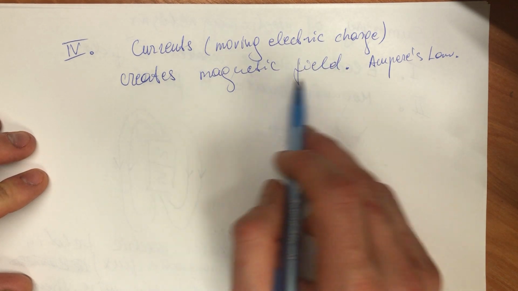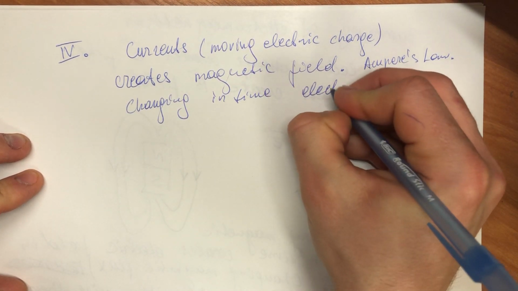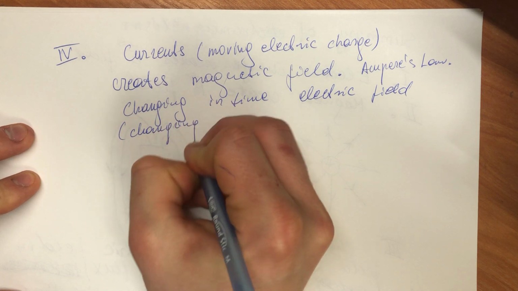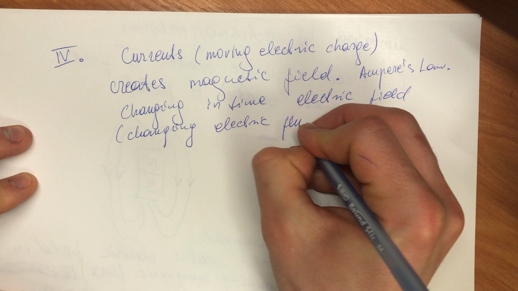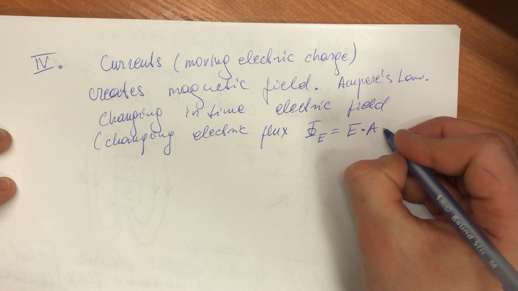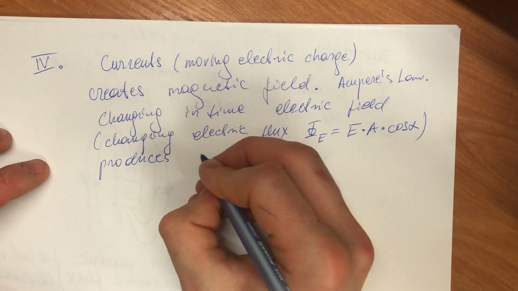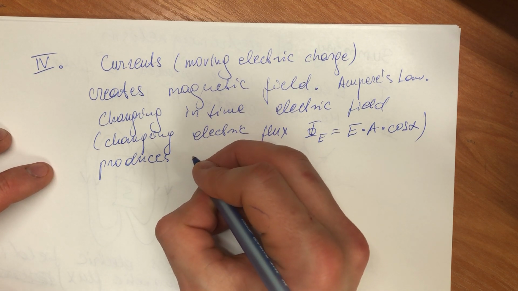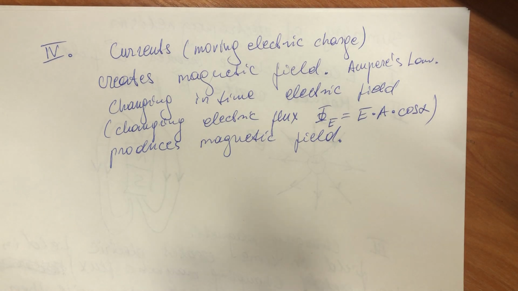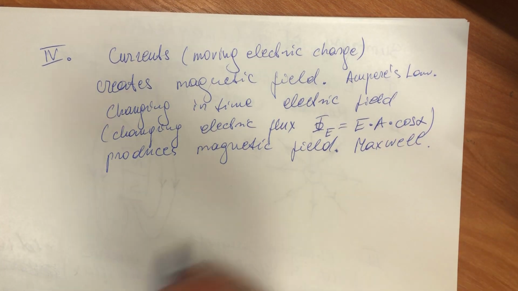Currents or moving electric charge create magnetic field, but he added that a changing electric field in time, or changing electric flux, which would be electric field times area times cosine alpha, the same as with magnetic field, produces magnetic field. So Maxwell said this last sentence.